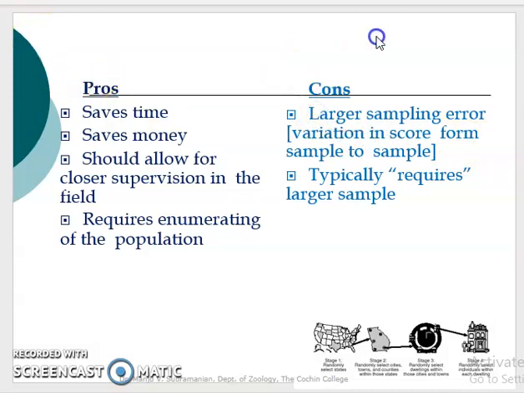The first positive aspect is that it saves time, and second, it saves money, it allows for closer supervision in the field, and it requires the enumeration of a population. Whereas the demerits include that a larger sampling error might occur and it typically requires a larger sample. So if you are using cluster sampling, then the sample must be of larger size.